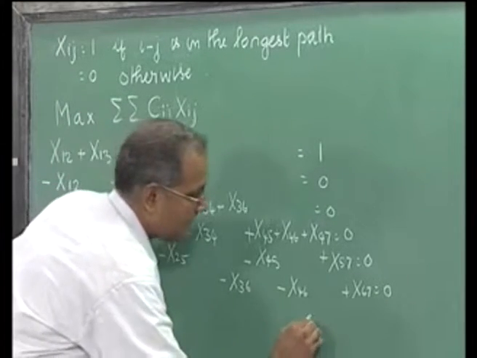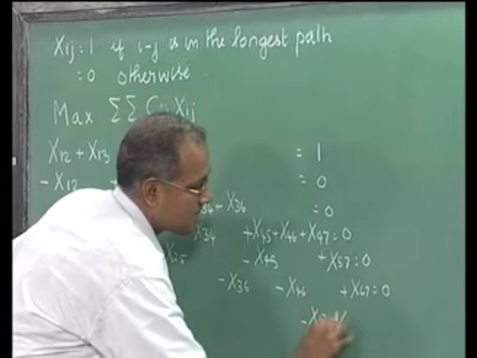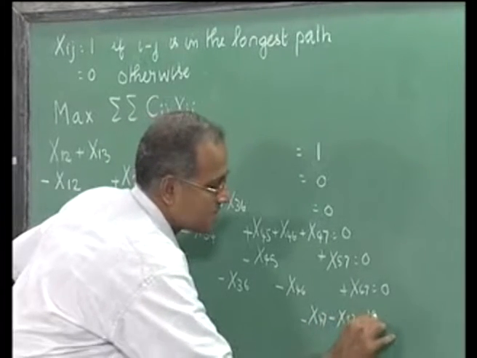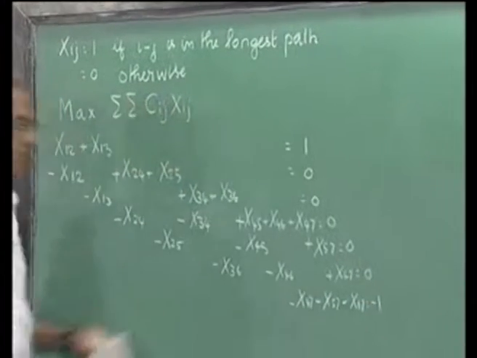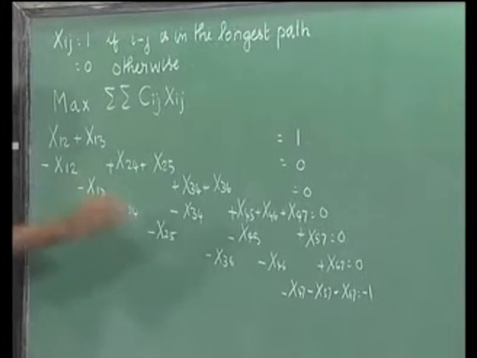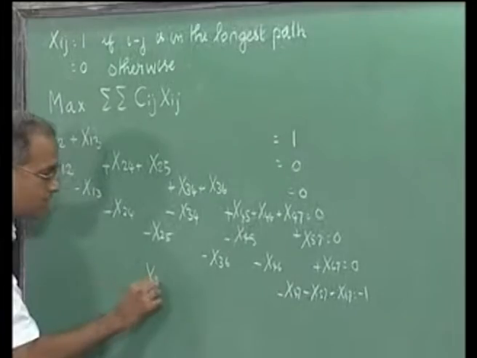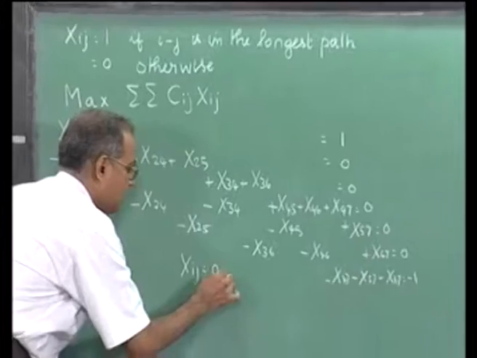So, we get minus x47 minus x57 minus x67 is equal to minus 1. So, these are the equations for this. Then we have xij equal to 0 or 1.